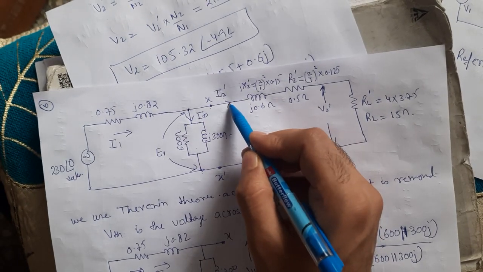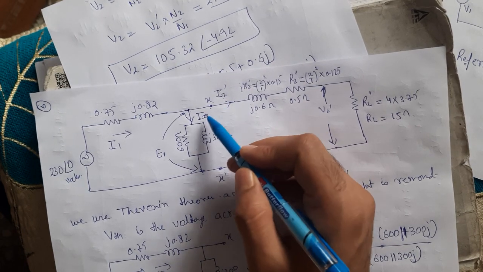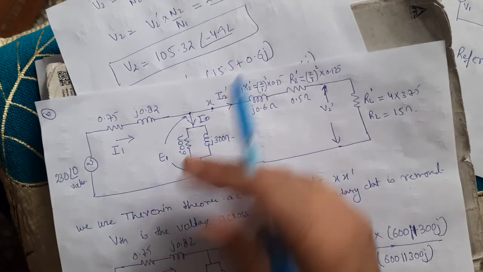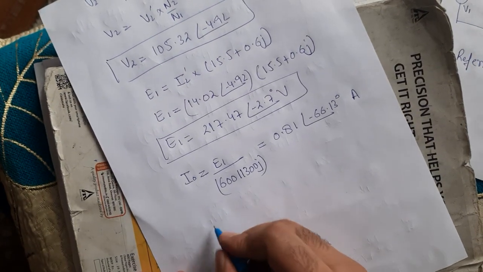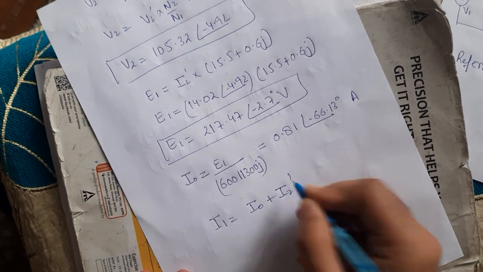Now I have calculated the value of I0 and I know the value of I2 dash. So I can take the algebraic summation of these two, and I will get I1, the primary current. It is I0 plus I2 dash.